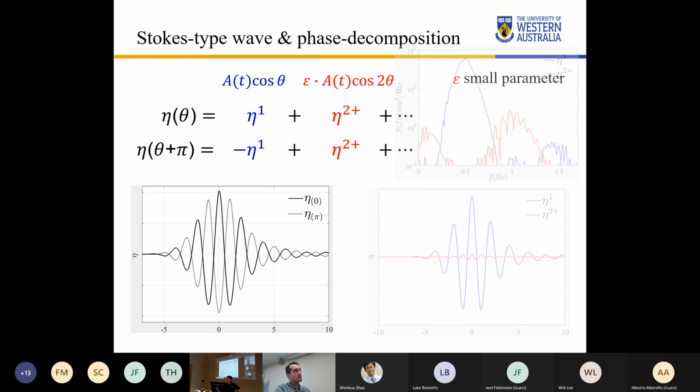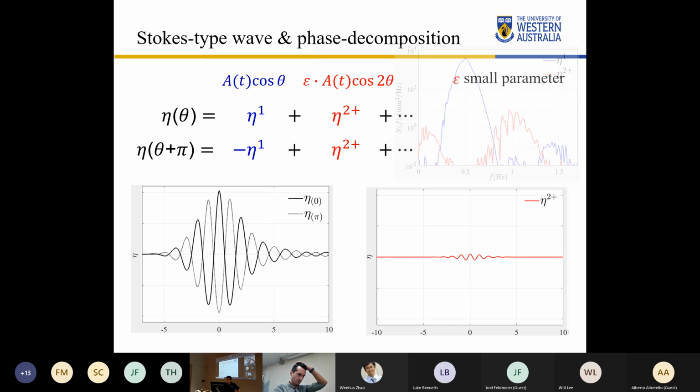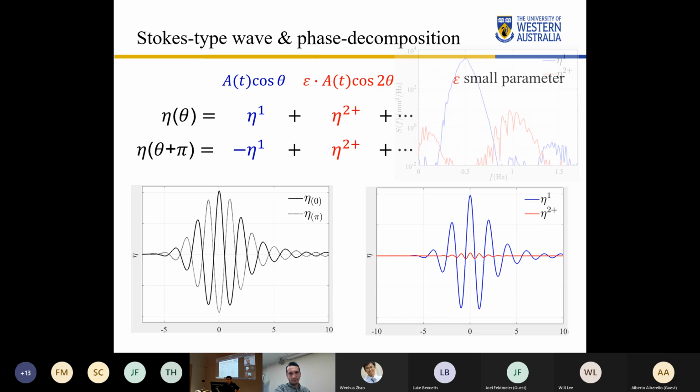If we combine these two waves with 0 degree and 180 degree, if you add them two together, you can see the linear components gonna be cancelled, and you're gonna have 2 times the second harmonic. And if you use the first one minus the second one, you're gonna have the linear component. So this is the way we separate the different harmonics.